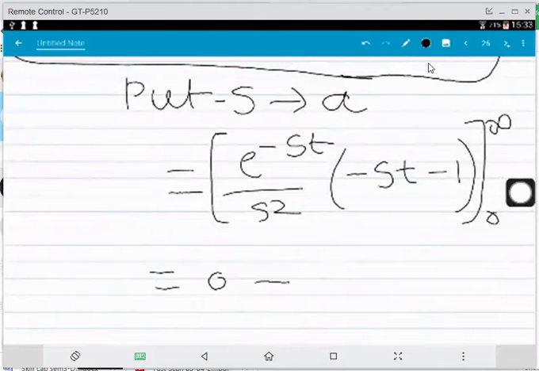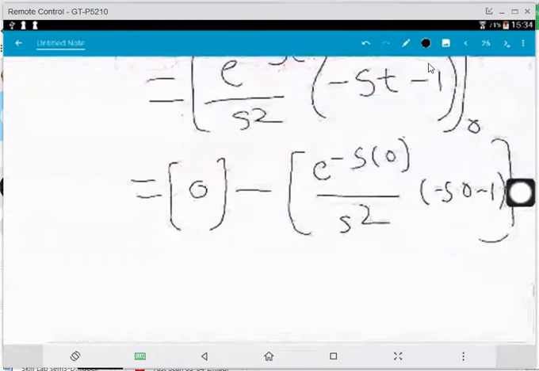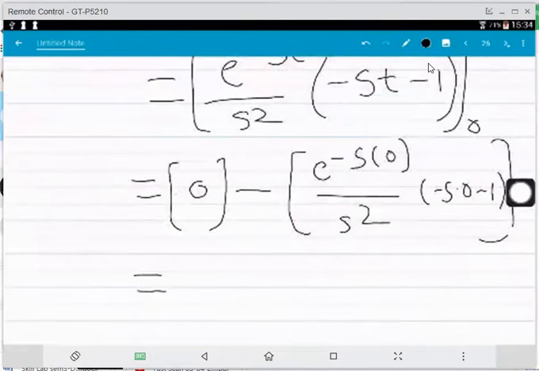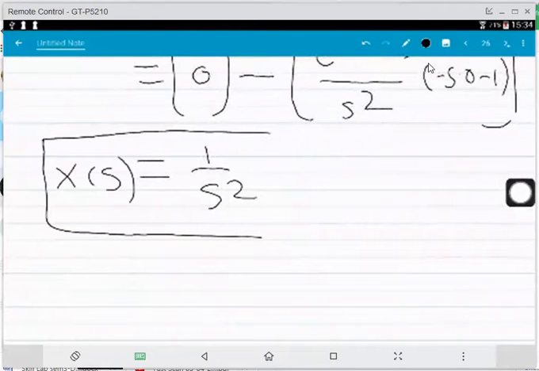In the second term, we have to put 0 first. So e to the power minus s into 0 divided by s square, minus s into 0 minus 1. So if you solve this, you will get 1 divided by s square. Now this is the Laplace transform of this ramp signal.